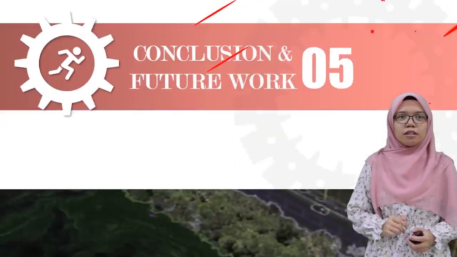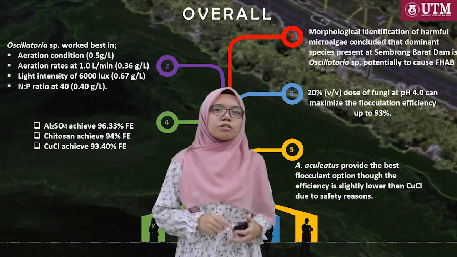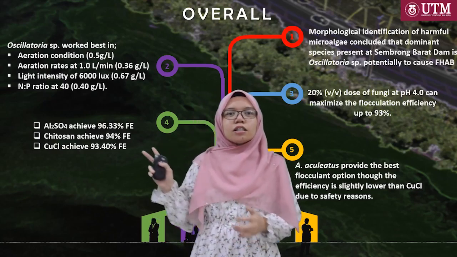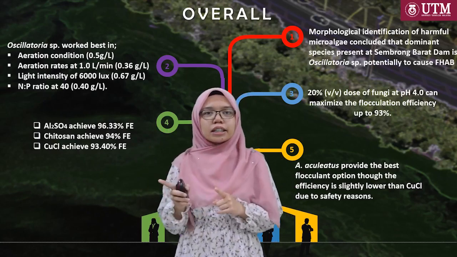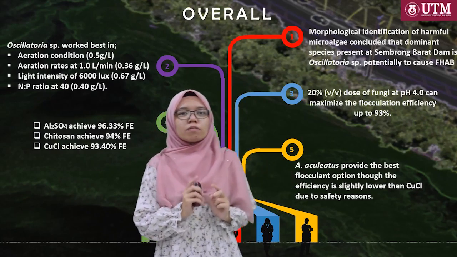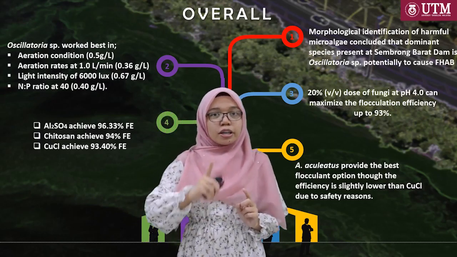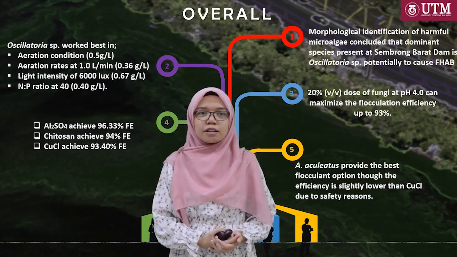Now, we have come to the conclusion part. The harmful microalgae has been concluded, and the dominant species present at Sembawang Barat Dam is the Oscillatoria species. Second, there are the conditions where Oscillatoria works best, including the dry cell yield. Next, for biological flocculation, a 20% dose of fungi at pH 4 can maximize the flocculation efficiency up to 93%.